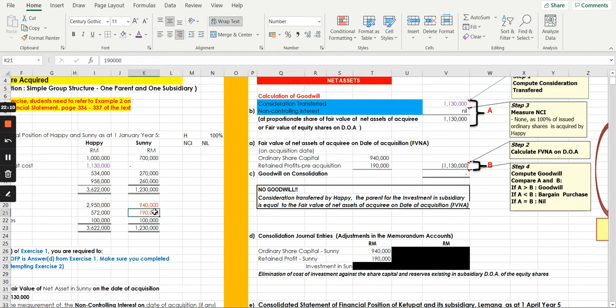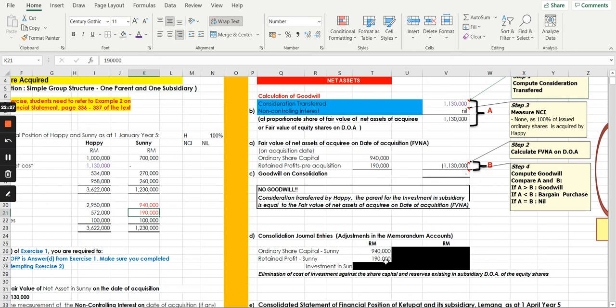Before it is here, that does not belong to the parent, because that is what Sunny had actually generated even before the parent took over. So this shouldn't be treated as belonging to the parent.